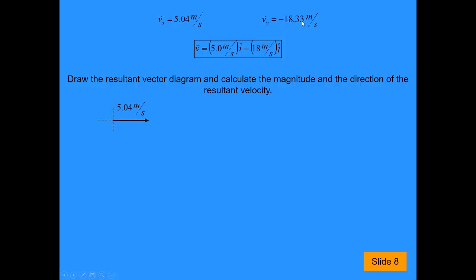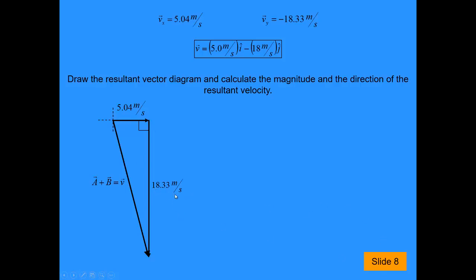Since the y component is negative, it's going to be drawn down. Notice how we are adding the 2 components in order to make the resultant velocity. And note, we've got a right angle. Check this out. So look at this. Remember, I'm drawing everything to a nice internal scale.